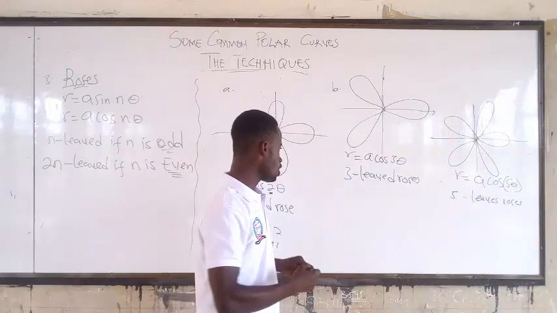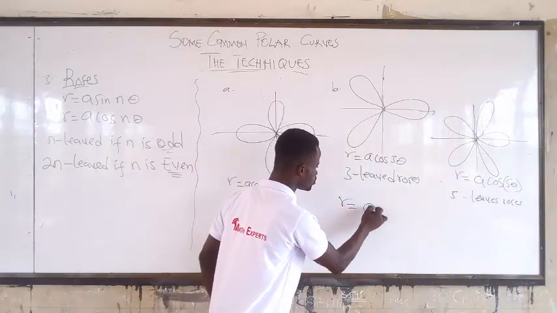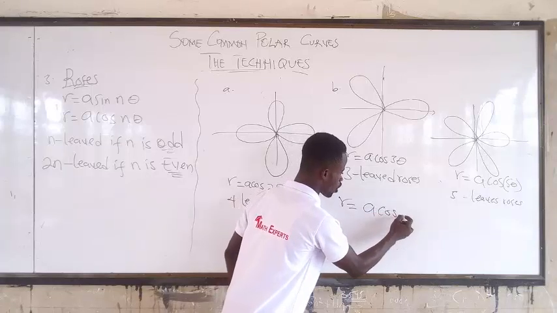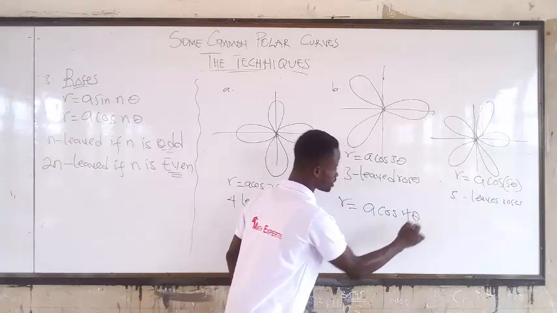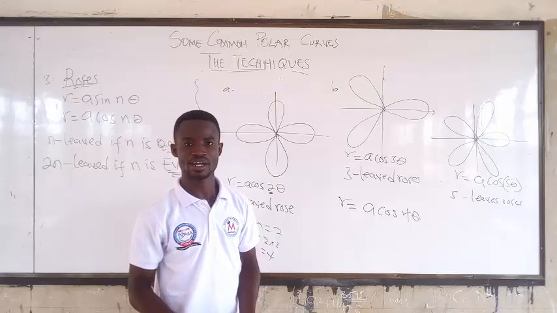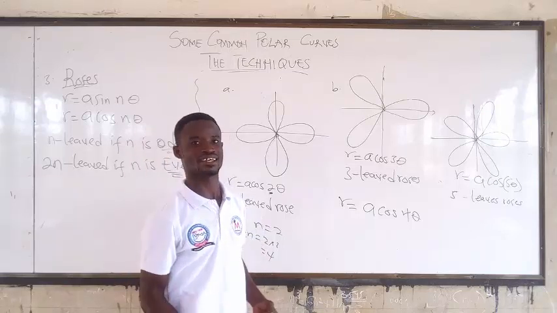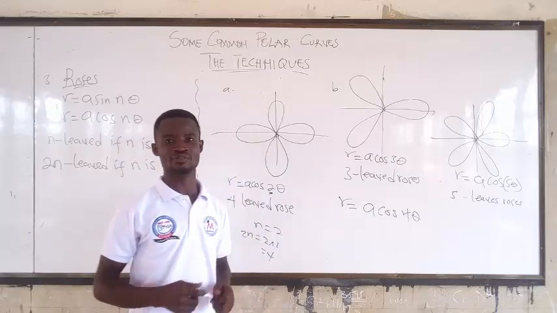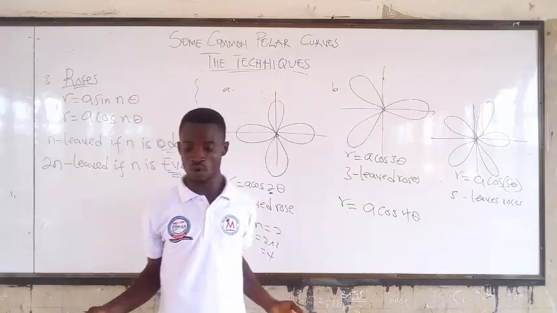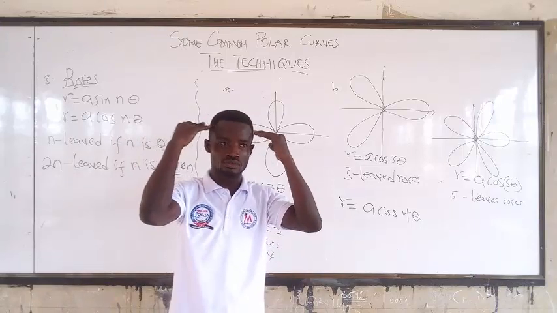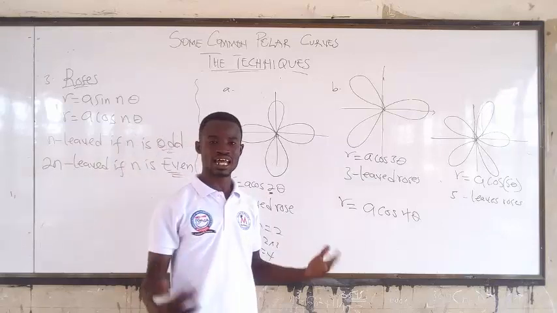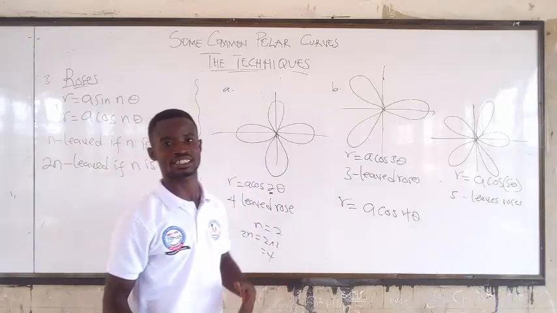So you can try r = a cos 4θ. Now, how many leaves? 8 leaves. Even if you draw the table, you have to have this in mind so that you know where you want to get to.